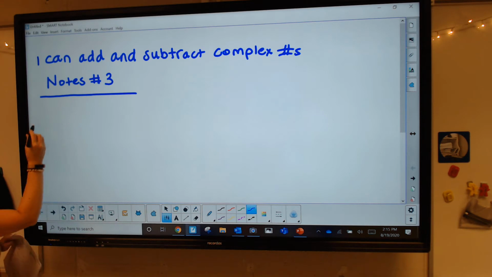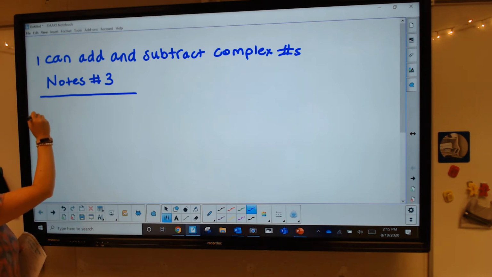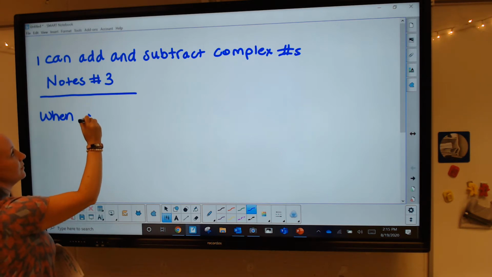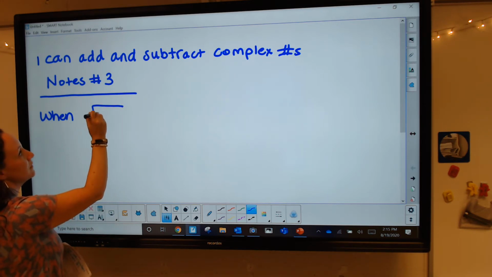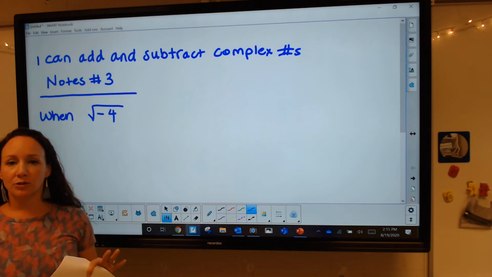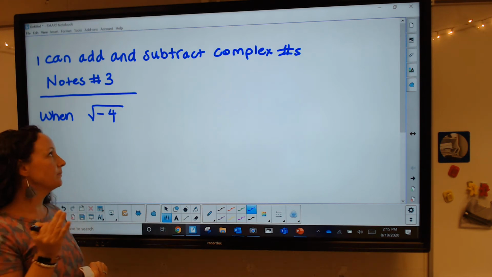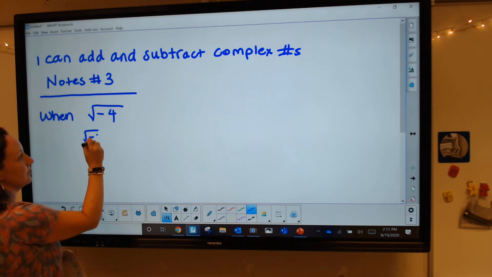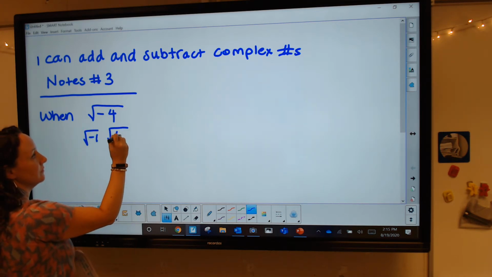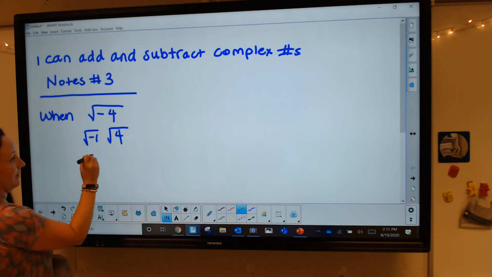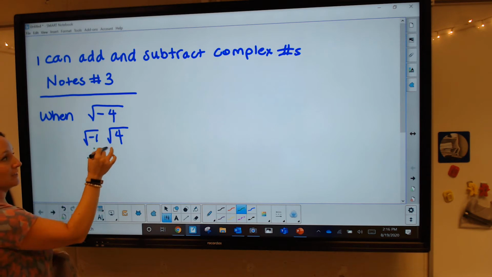All right, so what we learned is when you have a negative number, like -4, that is going to create an imaginary number. So what we have to do is remove the negative from the square root. The negative becomes i, and then you're able to simplify the square root.